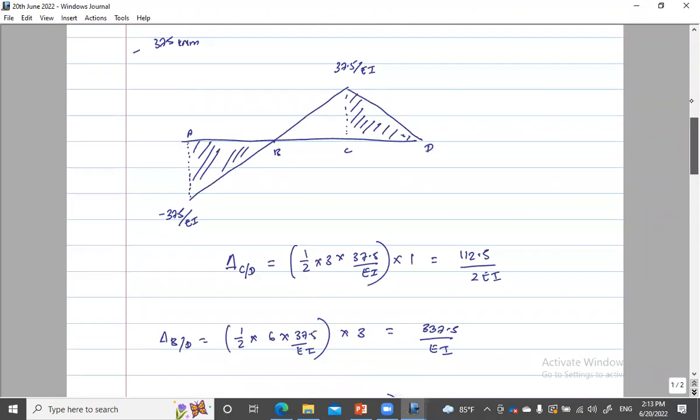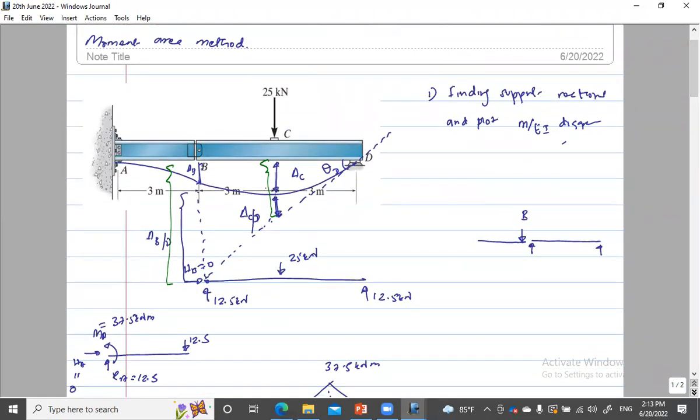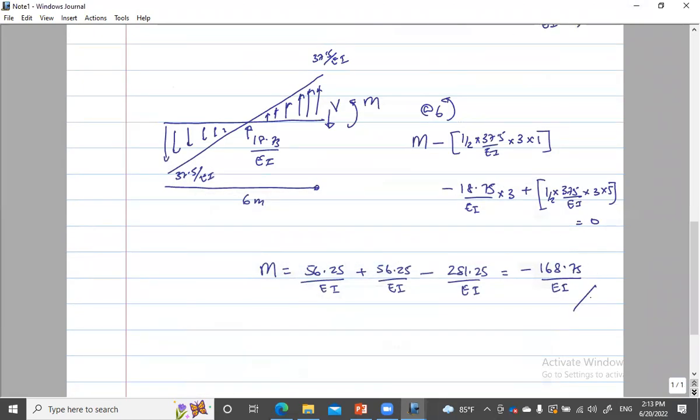Because we assume this is our elastic curve, deformed curve. But here it tells you minus 168.75 over EI. It tells you that, look, the deflection is downward because it is minus. If you get a positive value, that means the deflection will be upward.